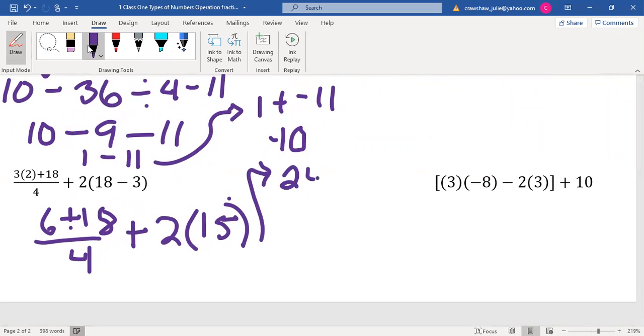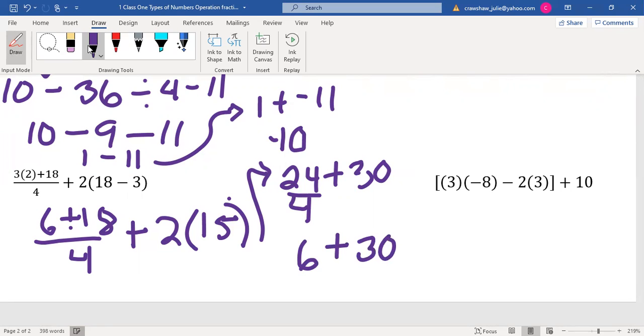So I have 24, and 2 times 15 is 30. 24 divided by 4, that's going to give me 6. Now I have 6 plus 30, and then that's going to equal 36.